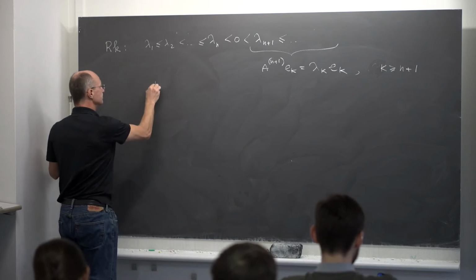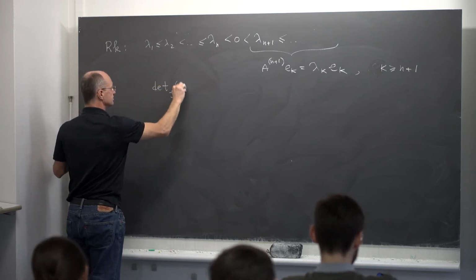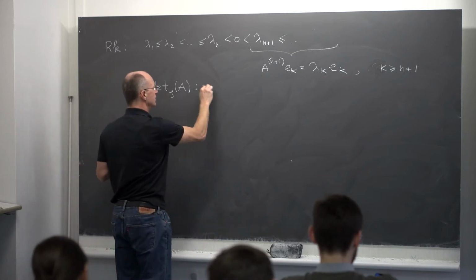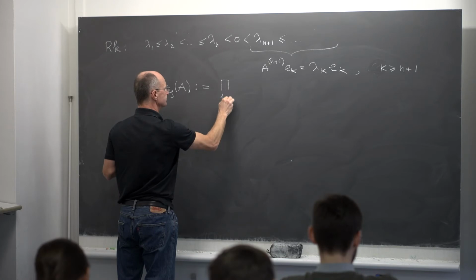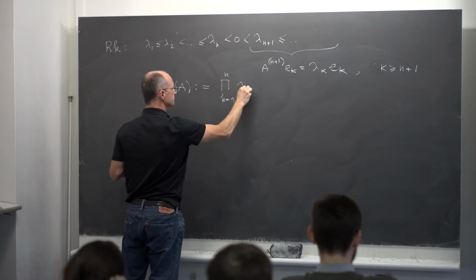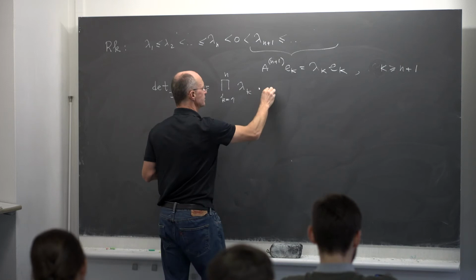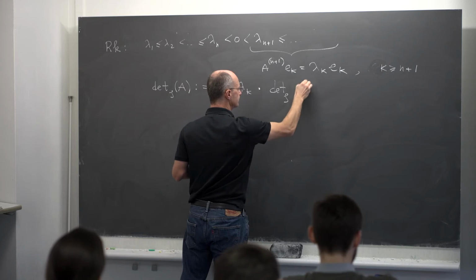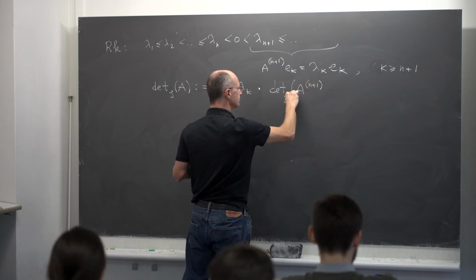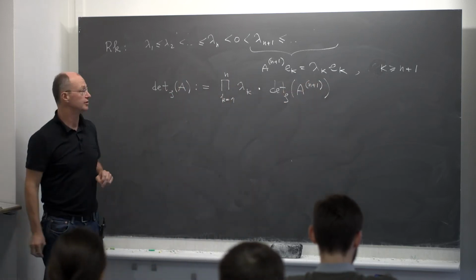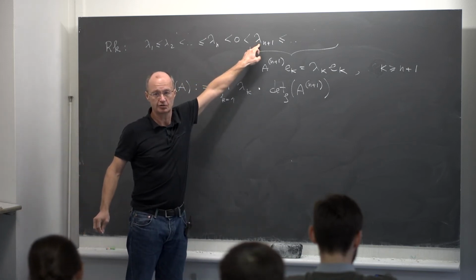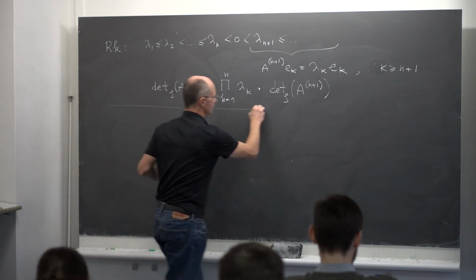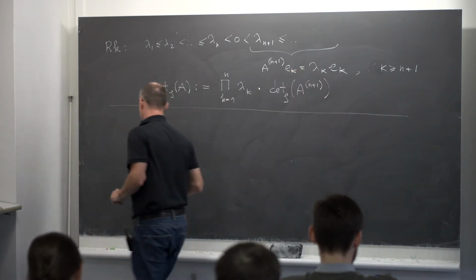So then you can define the Zeta-regularized determinant of A as a product from 1 to n of the negative eigenvalues. And for the rest of it, you take a Zeta-regularized determinant of the operator acting with positive eigenvalues on the remaining part. So this is just to fix the notation.